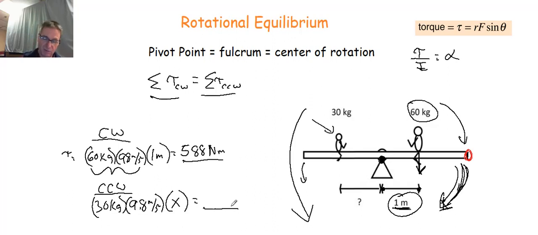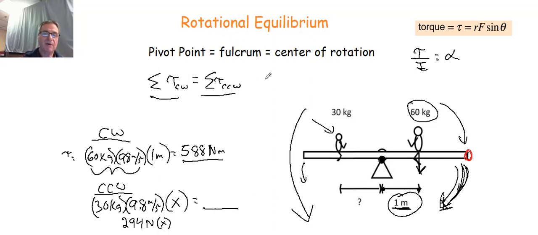Let's find out what 30 times 9.8 is first. 30 times 9.8, and that is 294. So this is 294 newtons times x. I'm going to change the color so it's a little easier to see.